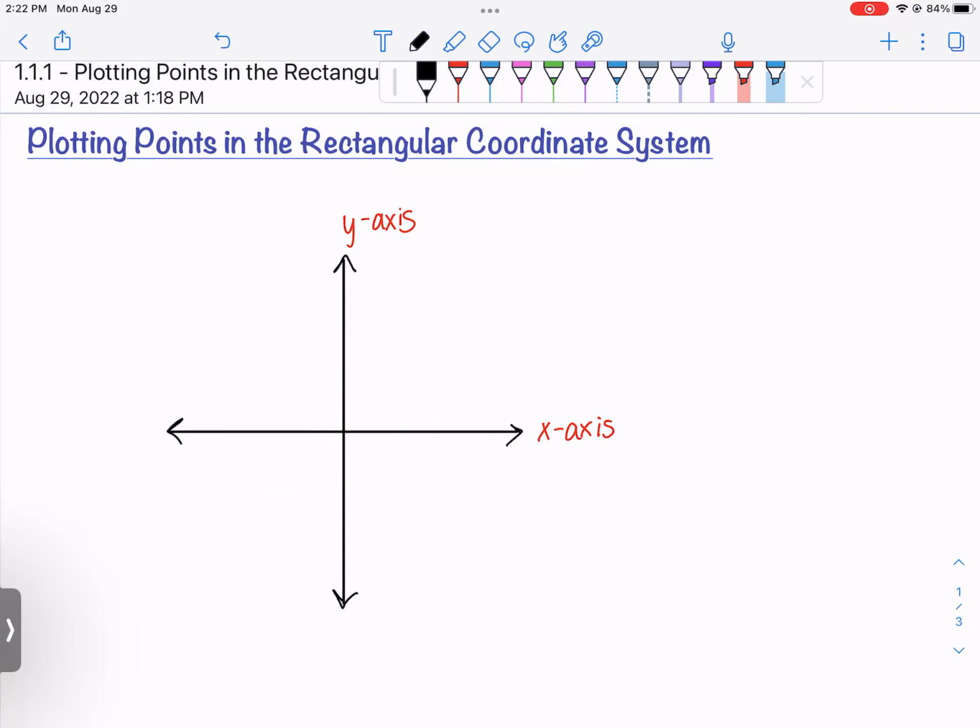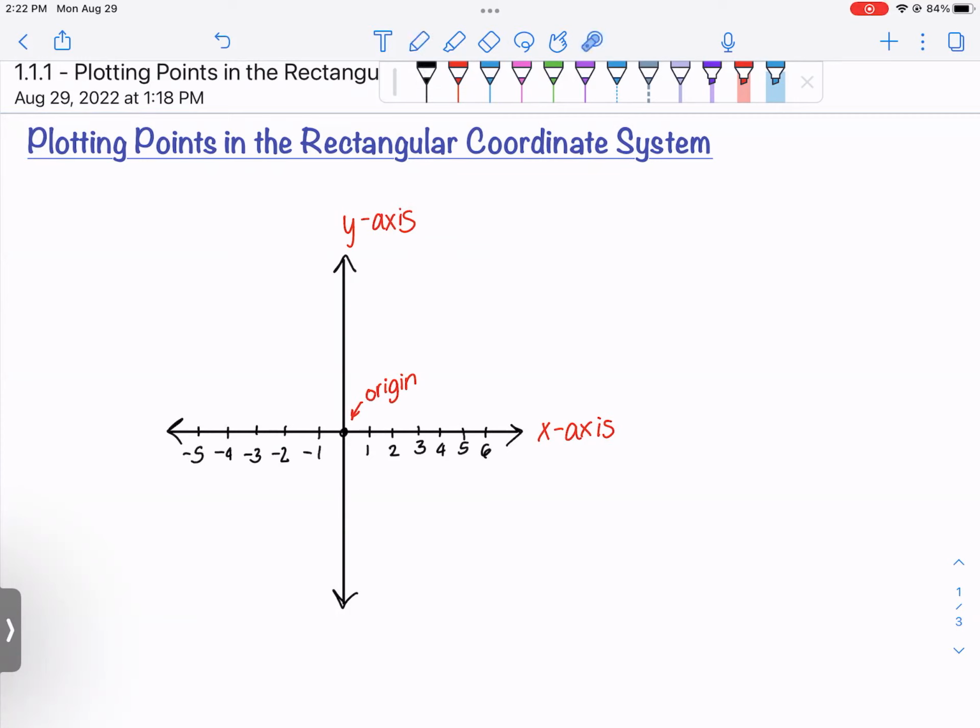So we start at 0 here at what we call the origin. And then we get bigger as we go to the right. And this would go on forever. As we go to the left, we're going to get bigger, but in the negative direction. So starting at -1, -2, -3, -4, -5.